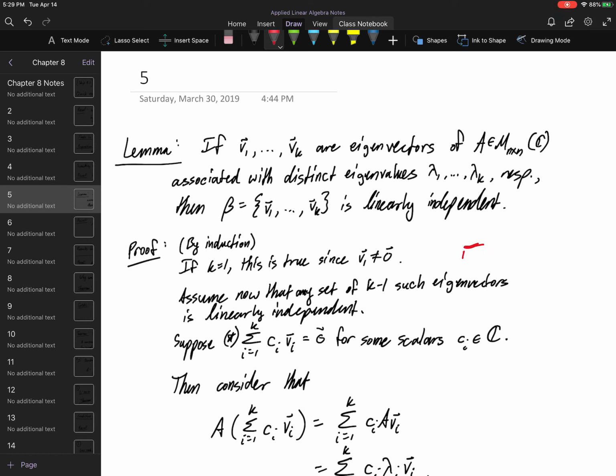So what we have to do now is set up our dominoes. We need to make sure that if the k minus first domino falls, it is definitely going to hit the k domino, and we can follow that all the way back, k minus 2, and so on, all the way down to our base case.